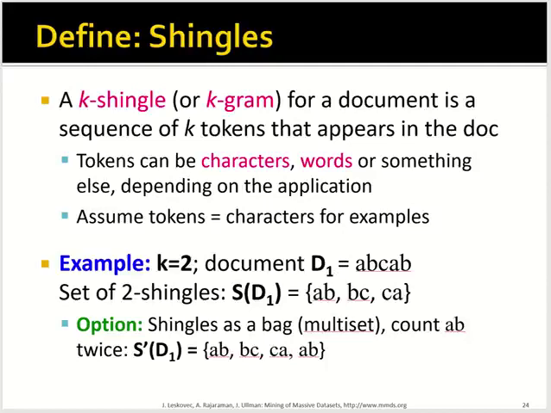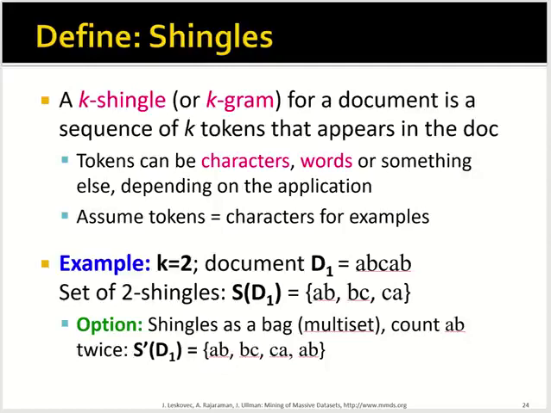Another very important issue is how to choose the shingle size, whether it should be 1, 2, 3, 4, 5, 7, 9, or whatever. Theoretically, k can be any constant we like.